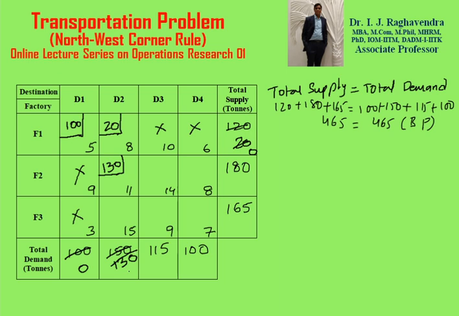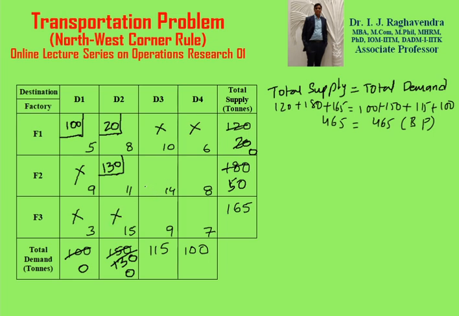That means we fulfill the demand and F2 total supply reduces to 180 minus 130, that is equal to 50. So D2 demand is 0. That means F3 cannot supply anything more to D2. So we need not consider this cell for the next level of calculation.